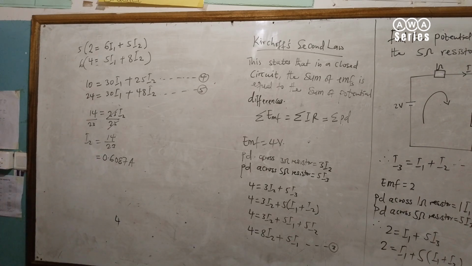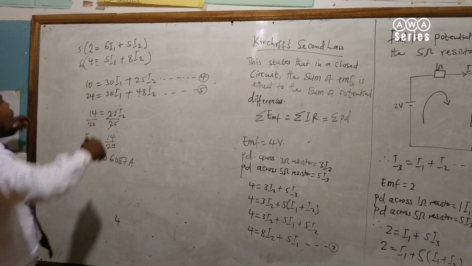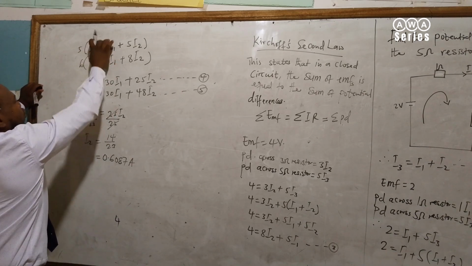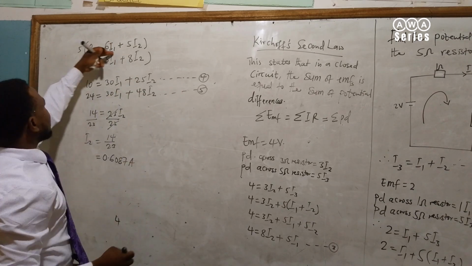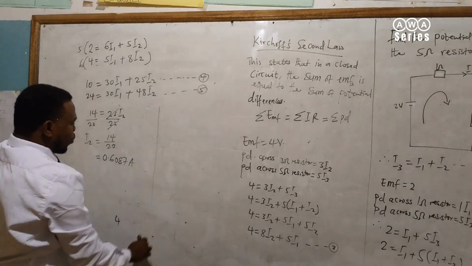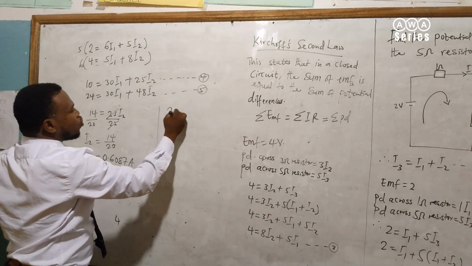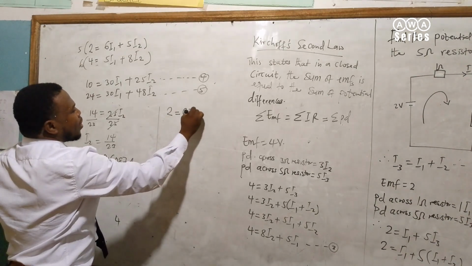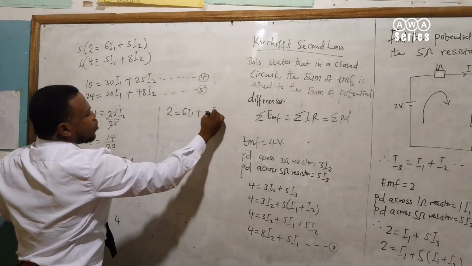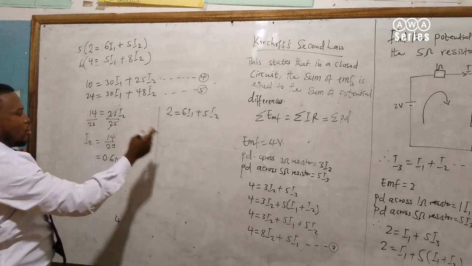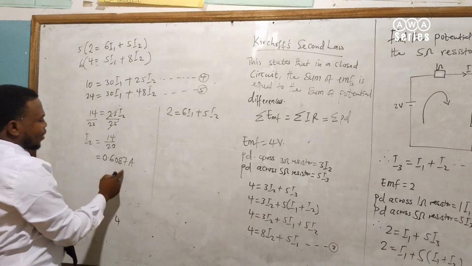Now, how do we find I1? To get I1, you can use any of the equations we've written earlier. Since this equation looks simpler, we can use that equation where we have 2 equal to 6I1 plus 5I2. If you do this, you know your I2 to be 0.6087.